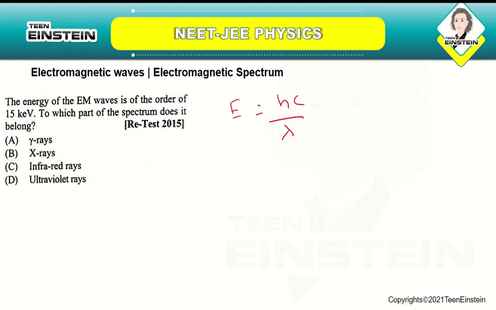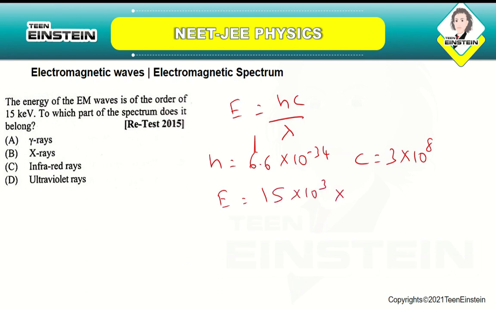Okay. So, here the h value is 6.6 into 10 power minus 34, we all know that, and C is 3 into 10 power 8. So, here they have given you the E value as 15 kilo electron volt. So, it is 15 into 10 power 3, and you are converting the electron volt into joules. So, you will be getting it as 1.6 into 10 power minus 19.